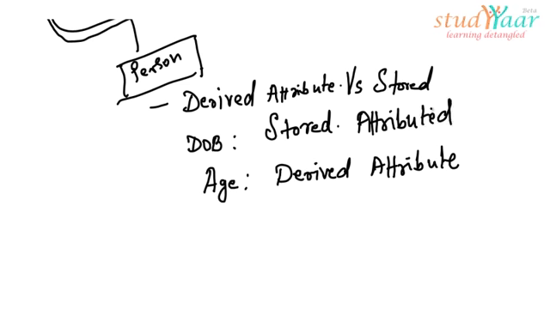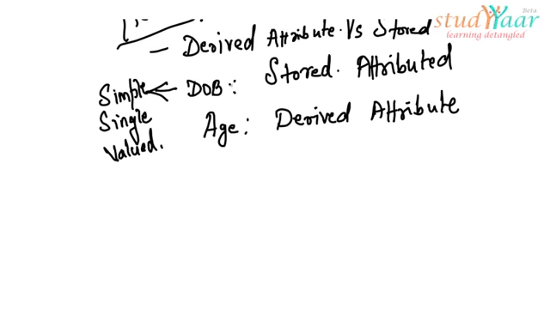Just keep in mind, date of birth is a stored as well as a simple, as well as a single valued attribute, right? Single valued. So how do we represent a derived attribute?